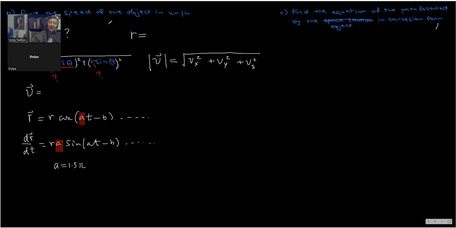So basically, R of T is equal to the amplitude, right? Sine or cosine? First is sine. The sine of this strange number, 1.3, and plus a constant, doesn't matter.